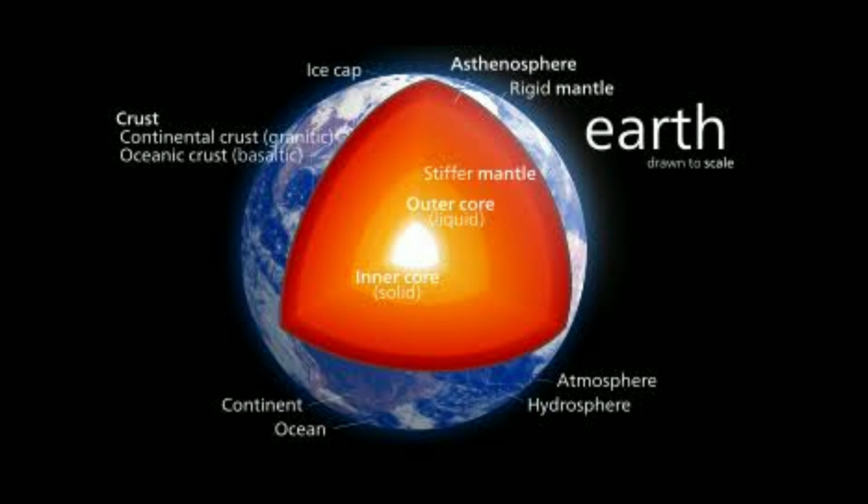So, it is also known as NIFE, N-I-F-E. NIFE means nickel and ferrous. Ferrous means iron. The core is also divided into 2 sub-layers. One is outer core, another one is inner core. Outer core is known as molten core and inner core is known as solid core.